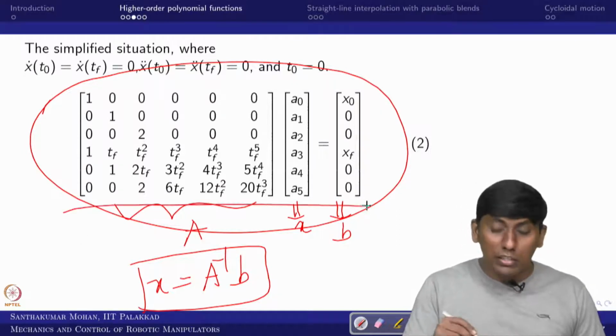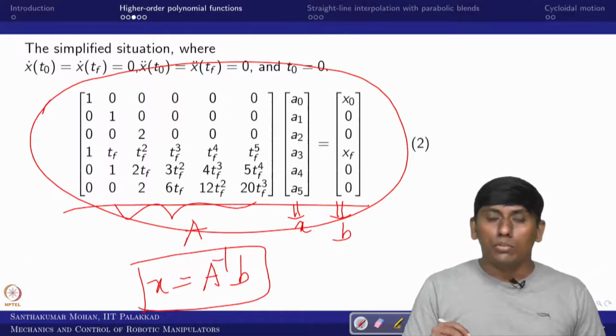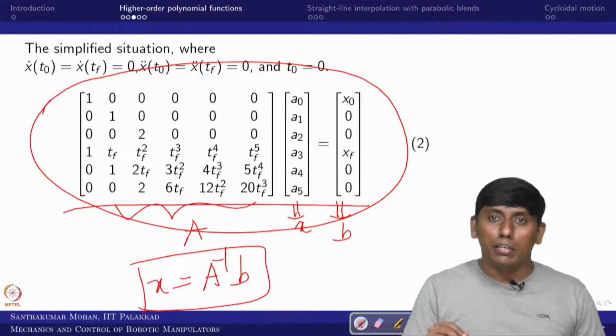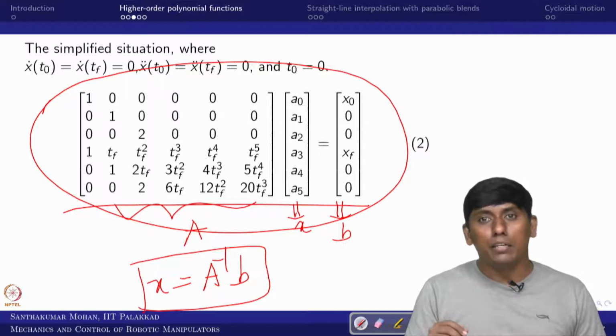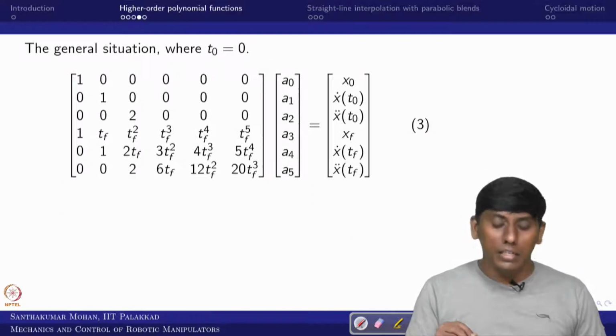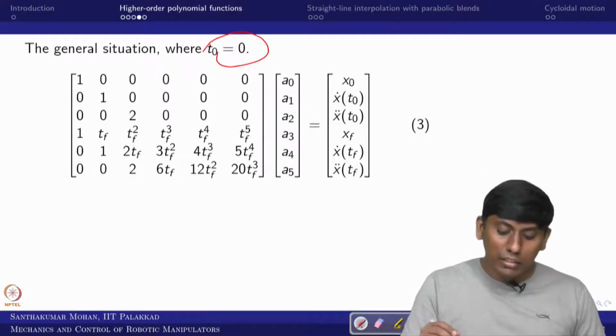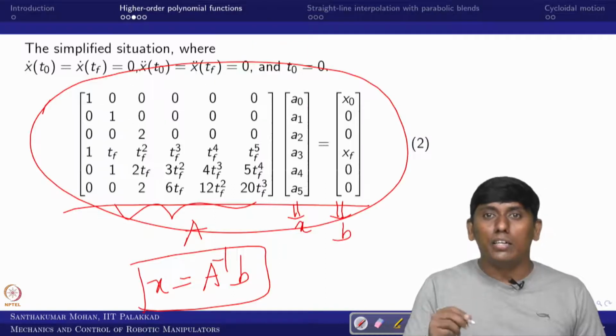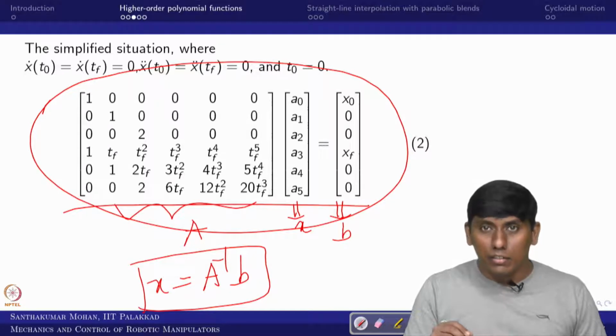These computations I can do in MATLAB, so I don't want to show that here, but we will come back to it in the next to next lecture. I will be showing everything in MATLAB, then you can see how easy it is, and you need not write anything much more complex. You can write it as it is and then solve it. If t0 is 0, then you will see this equation simplified.